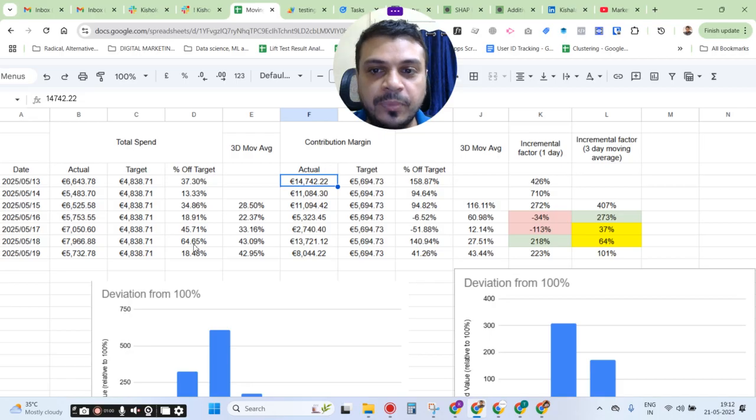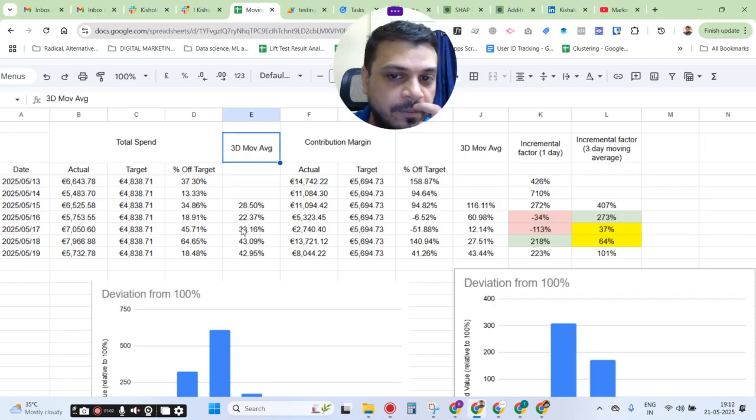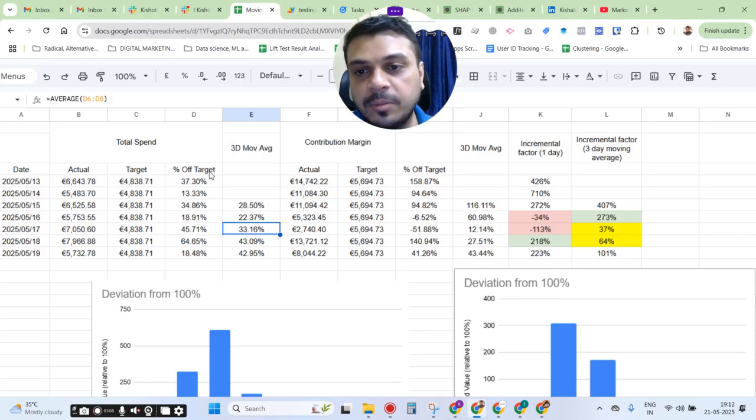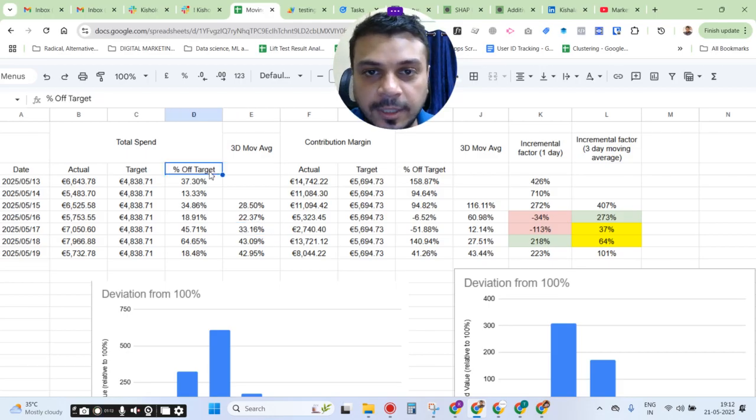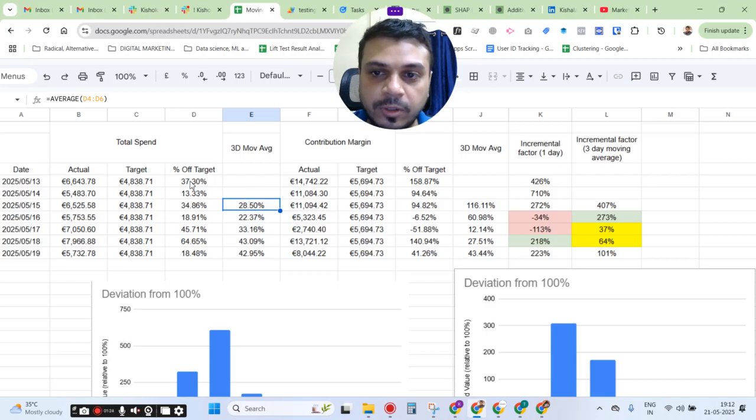So we have these two columns here, percentage of target, and we also have another couple of columns you'll see, which is the 3-day moving average. I've talked about moving averages in my previous videos. You might want to take a look at those, or from anywhere else. Very simple concept. You'll see that it starts from here, and these couple of cells are empty, and there's a reason why, because this one here, 20.50, is essentially an average of these 3 dates here.